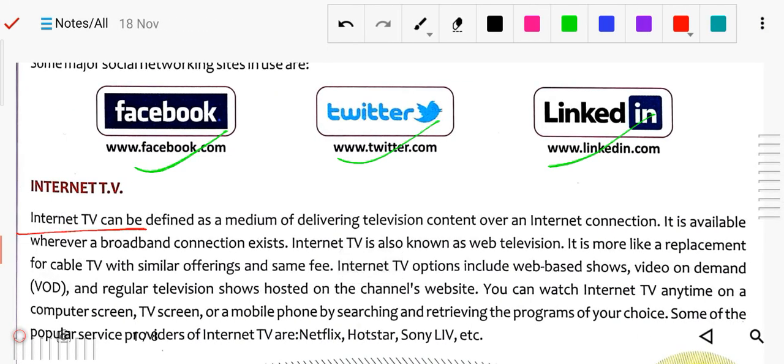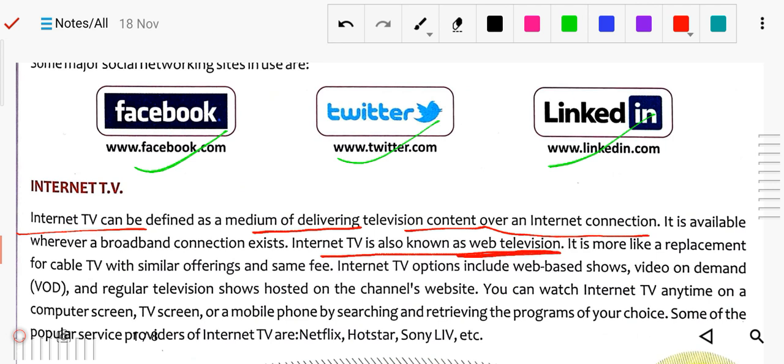As you know, TV stands for television, and these channels and TV programs we can watch with the help of an internet connection, like on a mobile phone. It is available wherever a broadband connection exists. Internet TV is also known as web television because we access it through the web.